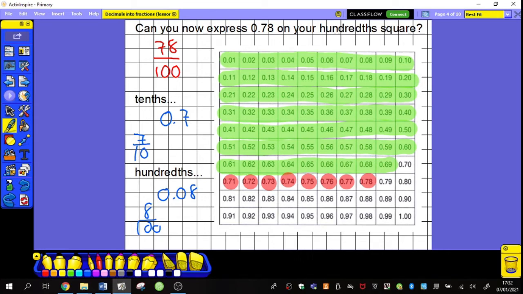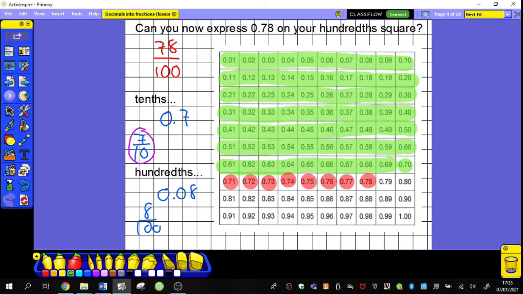So first of all, I recognise that I have 7 tenths, because in the number 0.78, I have 0.7, so I have in green highlighted my 7 tenths. And as you can see, that creates my 0.70 on my 100 square.